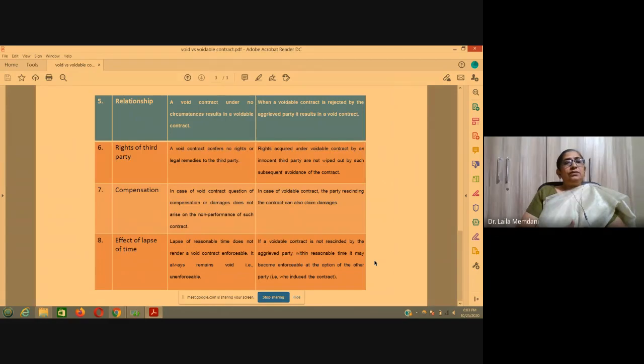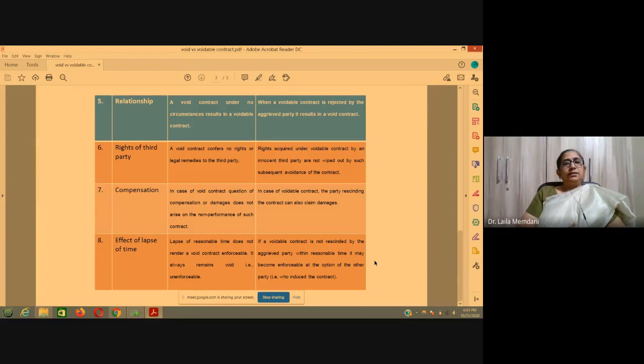A void contract gives no right or legal remedies to a third party. Under a voidable contract, if innocent third parties have acquired some rights, they are not totally wiped out.